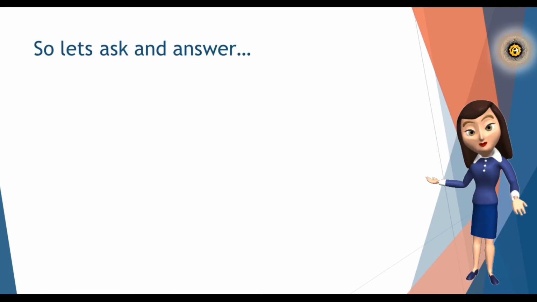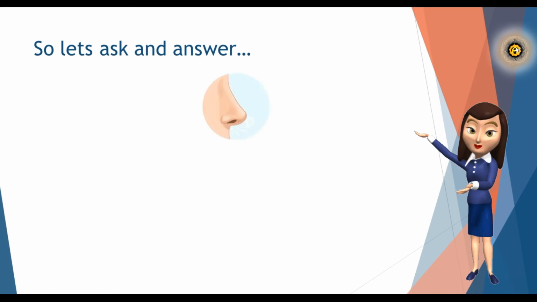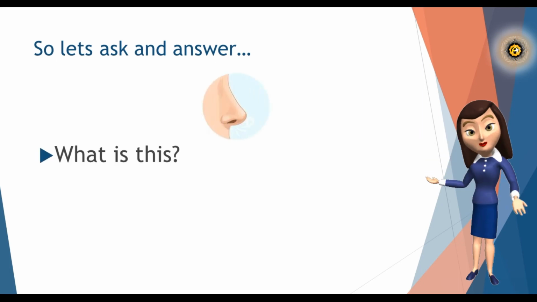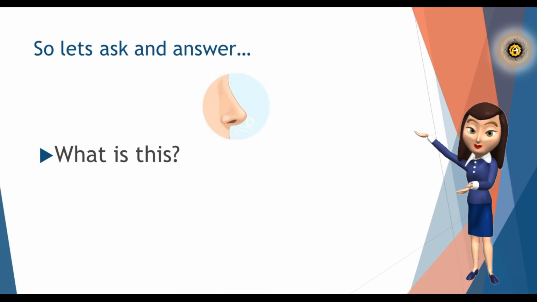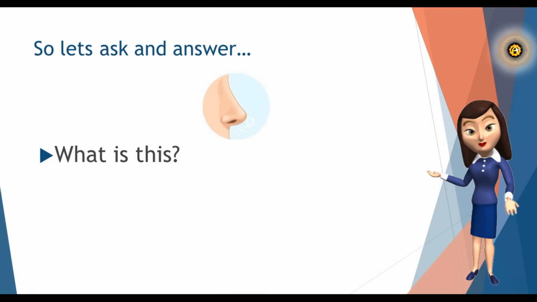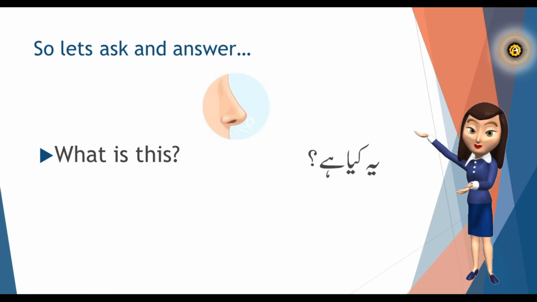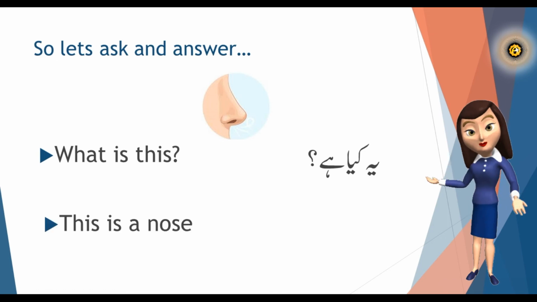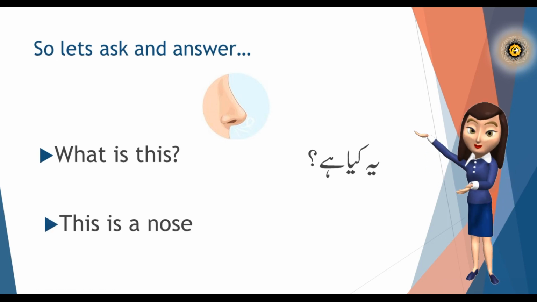Alright, now let's ask and answer. Oh, look at this picture. What is this? Well, in English we ask and say, what is this? And in Urdu it is ये क्या है? The answer is this is a nose.